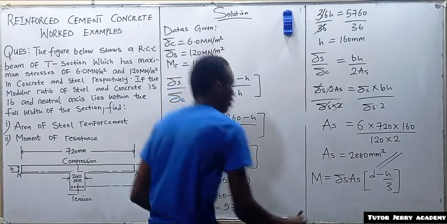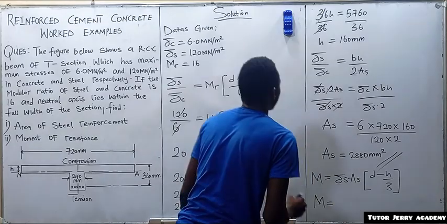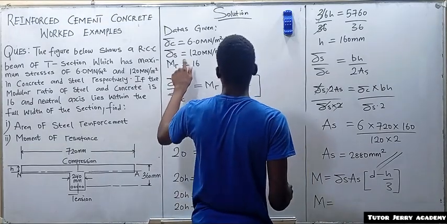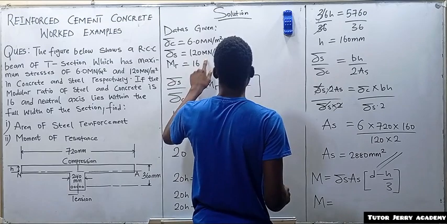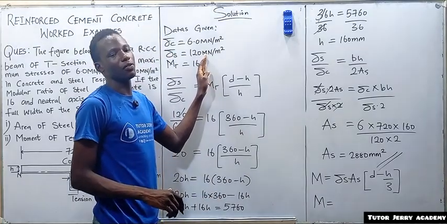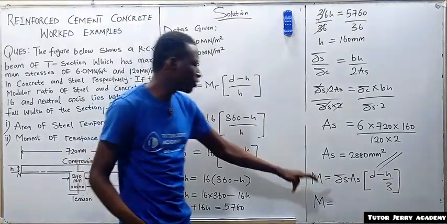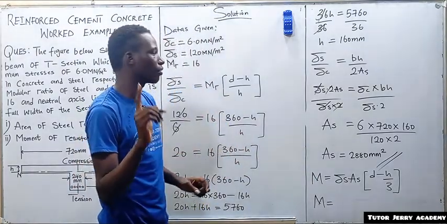Now let's substitute. We have M equal to sigma S, which is nothing but 120 mega newton per meter square. So we are going to be using 10 to the power of 3 out of mega, because at the end our unit has to be in kilo newton meter.